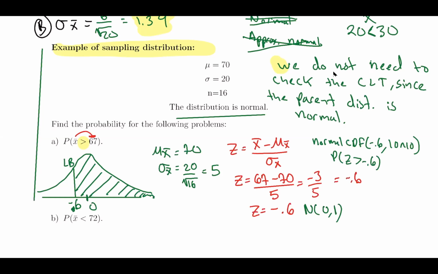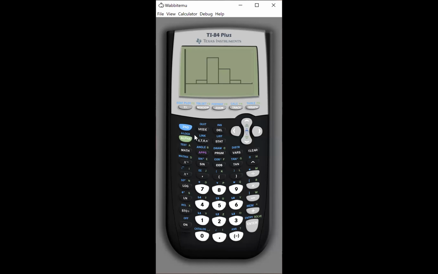So let's go ahead and do this on my TI-84. So we go second, we go to var, we go normal CDF. My lower bound will be negative 0.6. My upper bound will be 10 to the 10 power.